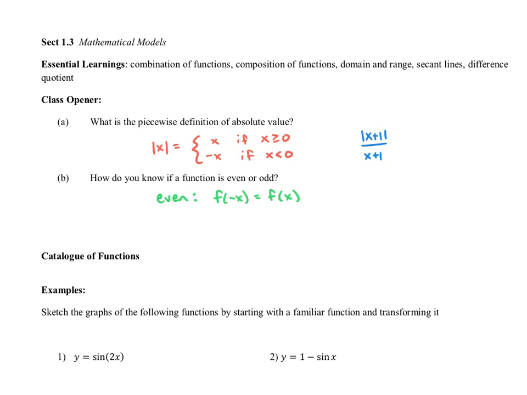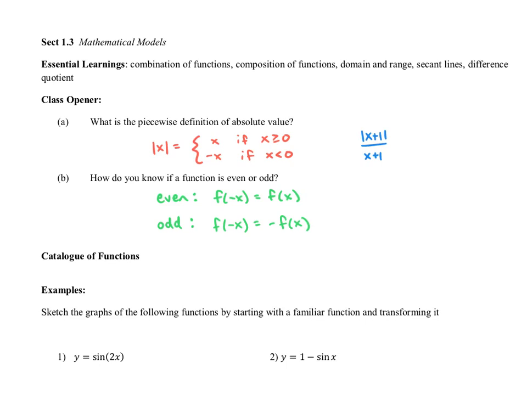If you have questions, let me know. And for odd, we have f of negative x equals negative f of x. Keep in mind that even and odd is not super common on the AP exam, but we have seen it show up before.